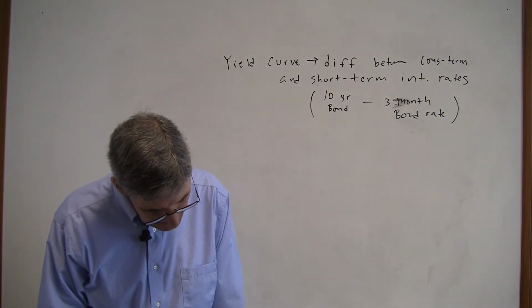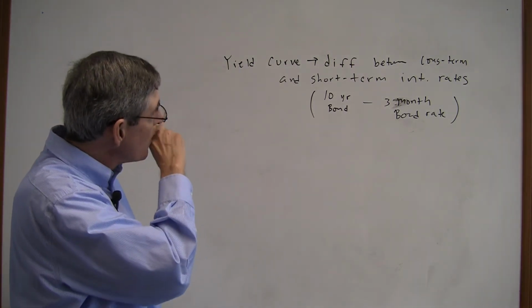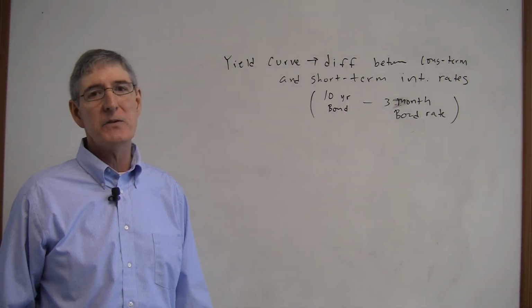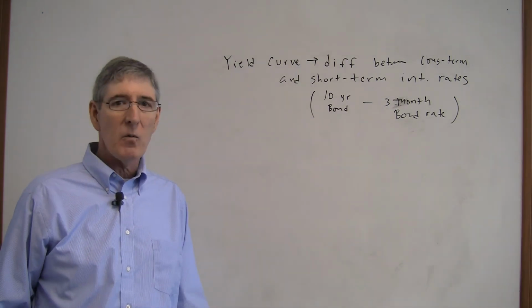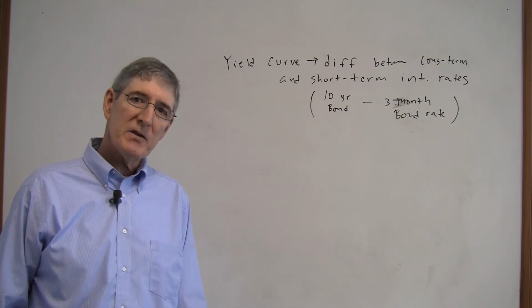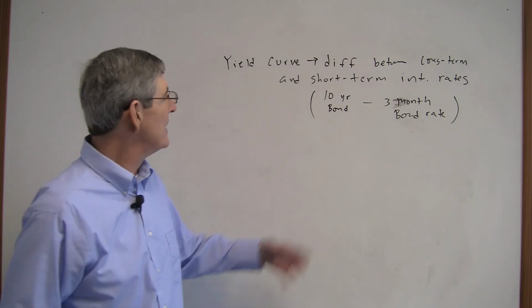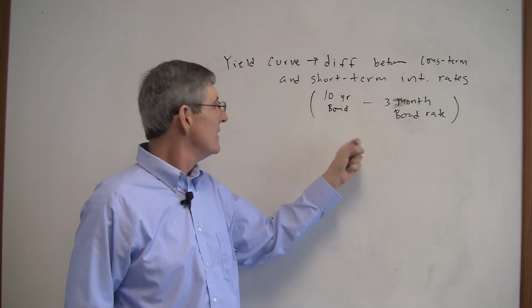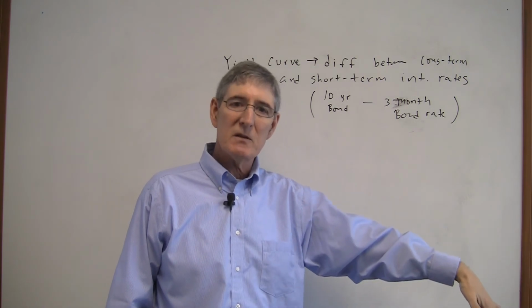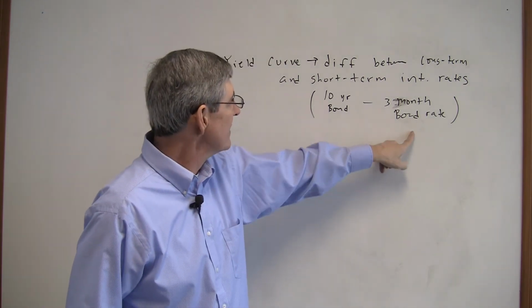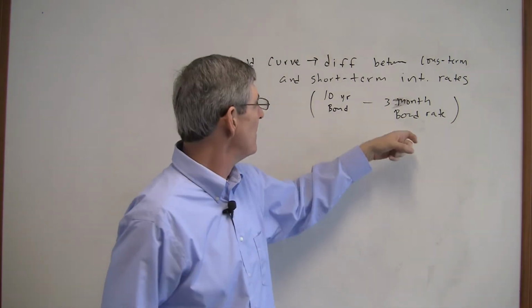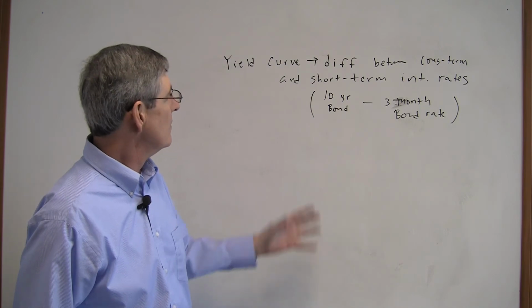We're just going to call it xt. Why would this work? Well, suppose you're very pessimistic about the future, so you think the future is going to be a whole lot worse than today. What that means is you're going to expect much lower interest rates in the future than you expect today, and then this is likely to get negative because this long-term rate will fall to reflect the future conditions which you expect to be worse, but this will end, it's only a 3-month rate, so it's going to be a higher interest rate because you're going to collect on that loan or whatever it is.